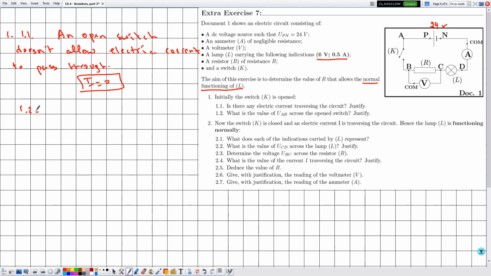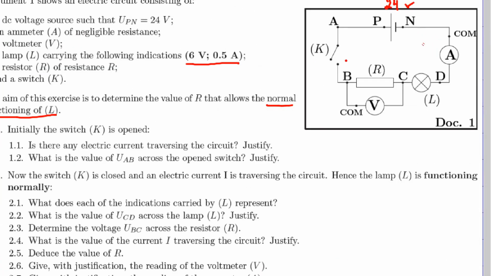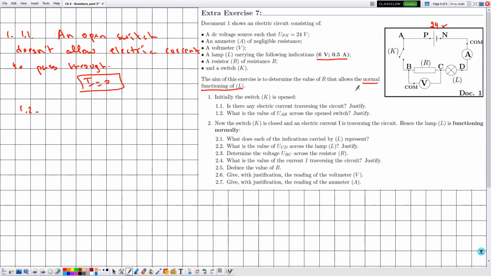Now in 1.2, they are telling me what is the value of UAB across the open switch. Justify. We know that the switch operates in two modes, open or closed, and an open switch in series with the battery has the same voltage of the battery.